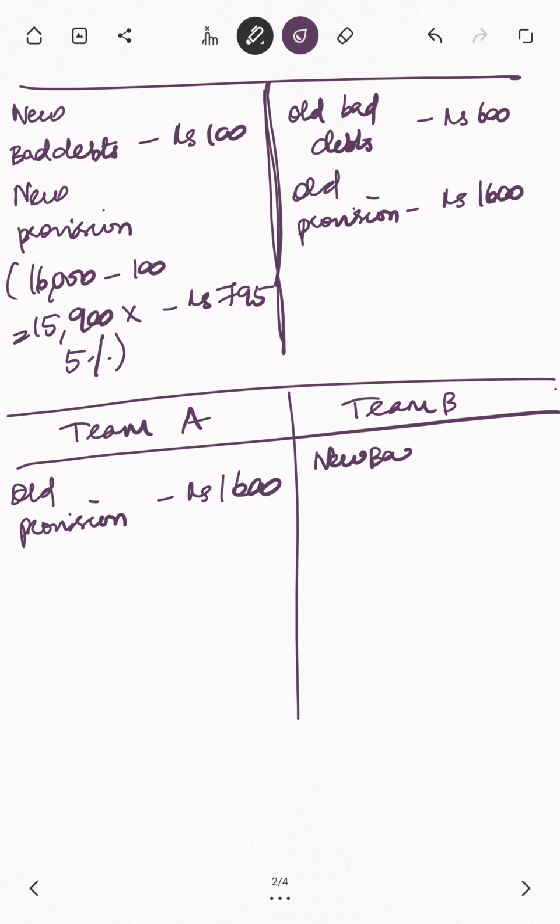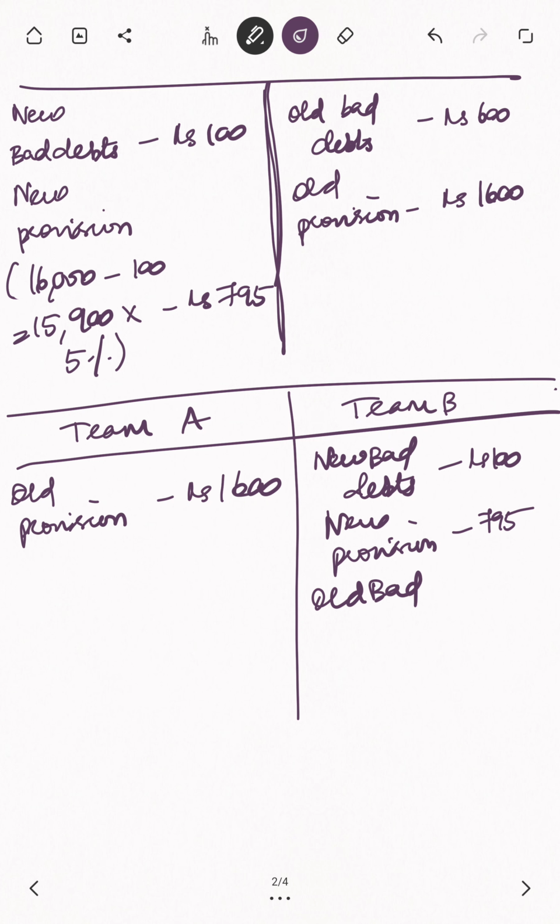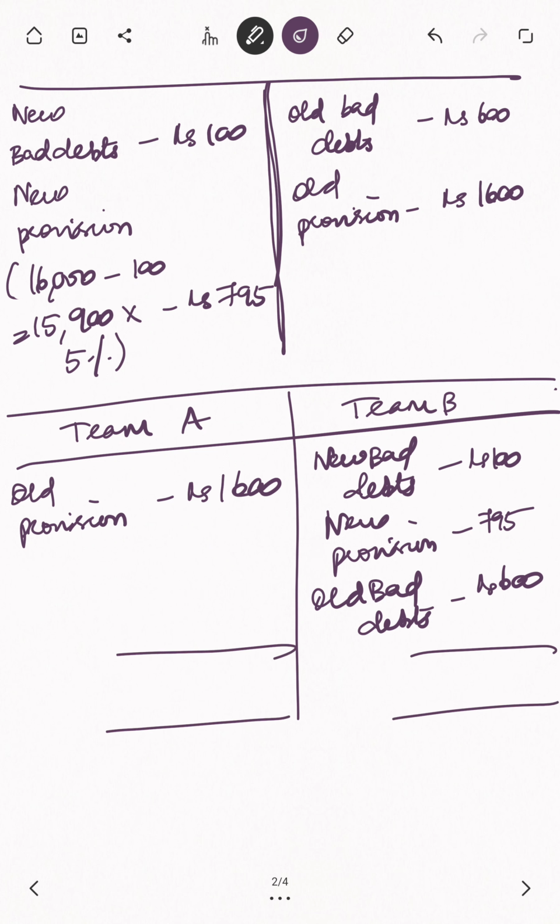So new bad debts, new provision, old bad debts, and this is the team B. So I'm going to total both the teams.